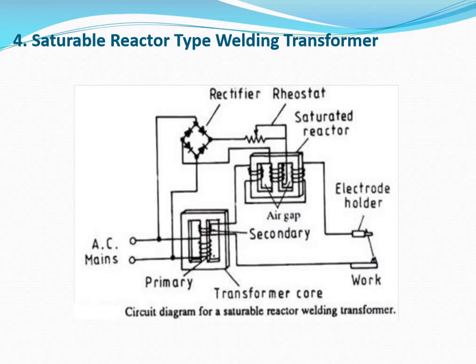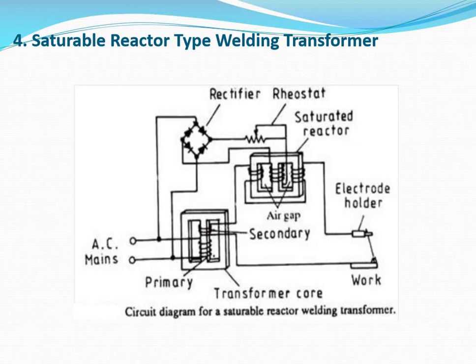For example, when there is no DC flowing in the reactor coil, it has its minimum impedance and thus the maximum amount of welding current.